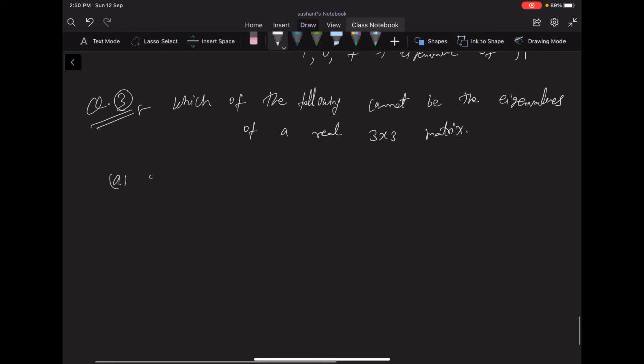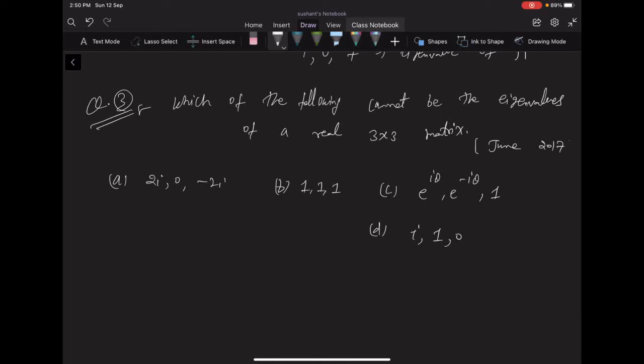Option A is 2i, 0, minus 2i. Option B is all eigenvalues as 1. Option C is exponential i theta, exponential minus i theta, 1. And option D is i, 1, 0. This is from June 2017.